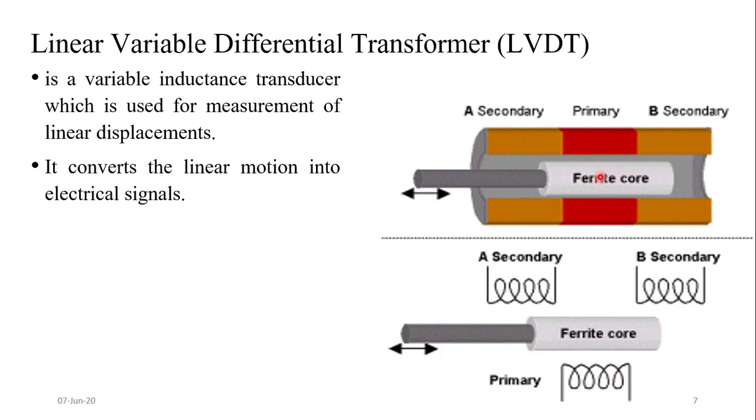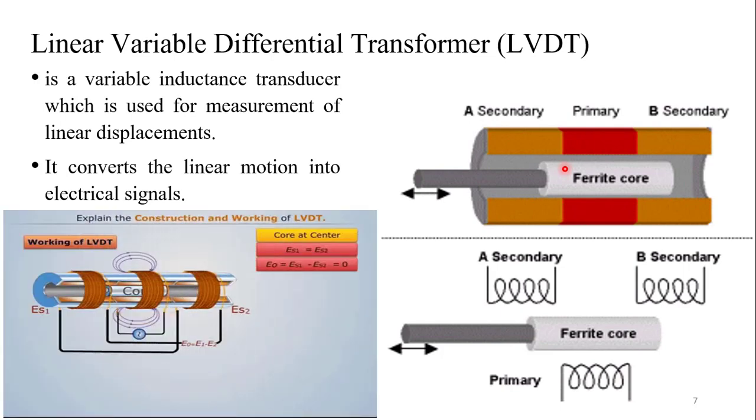Whenever a conductor, any metal core, or ferrite, meaning iron, any iron core passes through this, the flux associated with the secondary coils gets changed. When this changes, the LVDT senses that this much displacement has been made, this much distance has been covered. So it converts linear motion into an electrical signal. This is very informative.